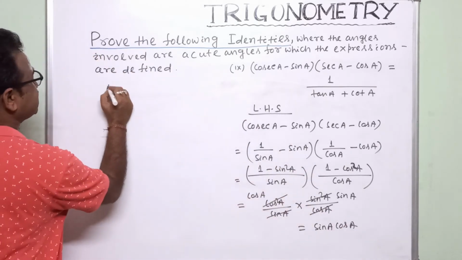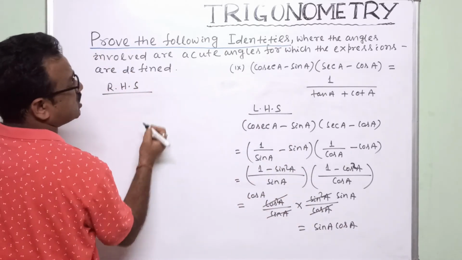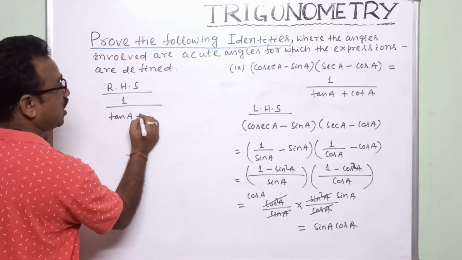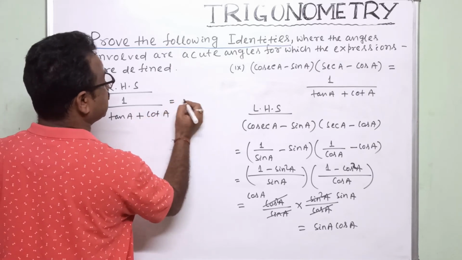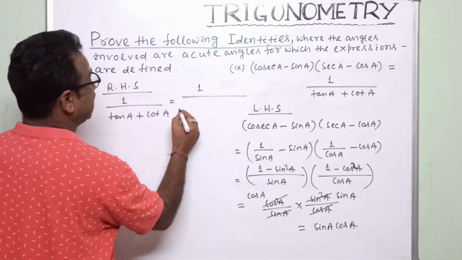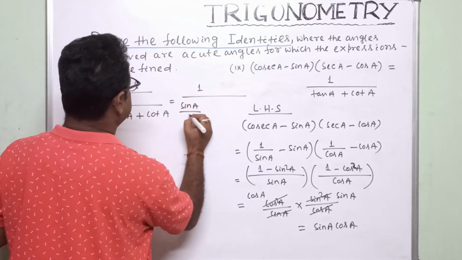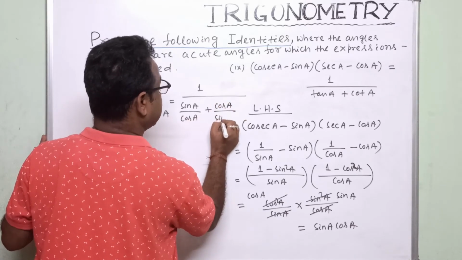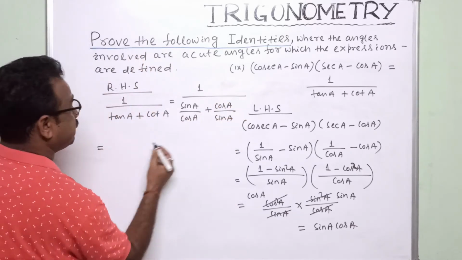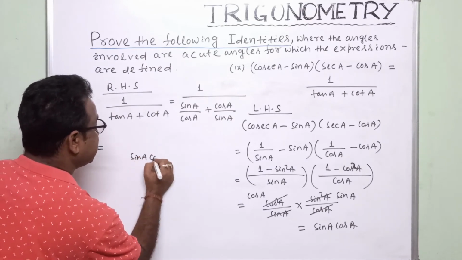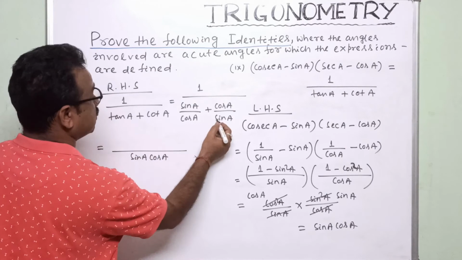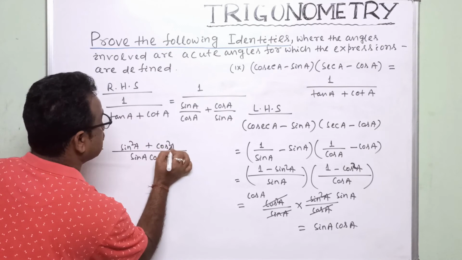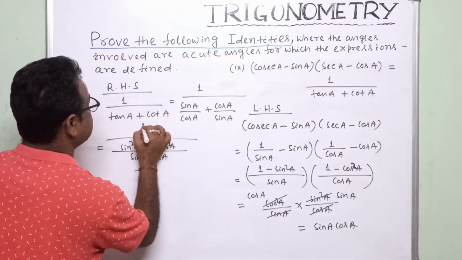Now we'll take the RHS. RHS will solve that: 1 by tan A plus cot A. I can write it as sin A by cos A plus cos A by sin A. Now we'll take LCM. LCM is your sin A cos A. Now here we'll get sin square A plus cos square A, 1.